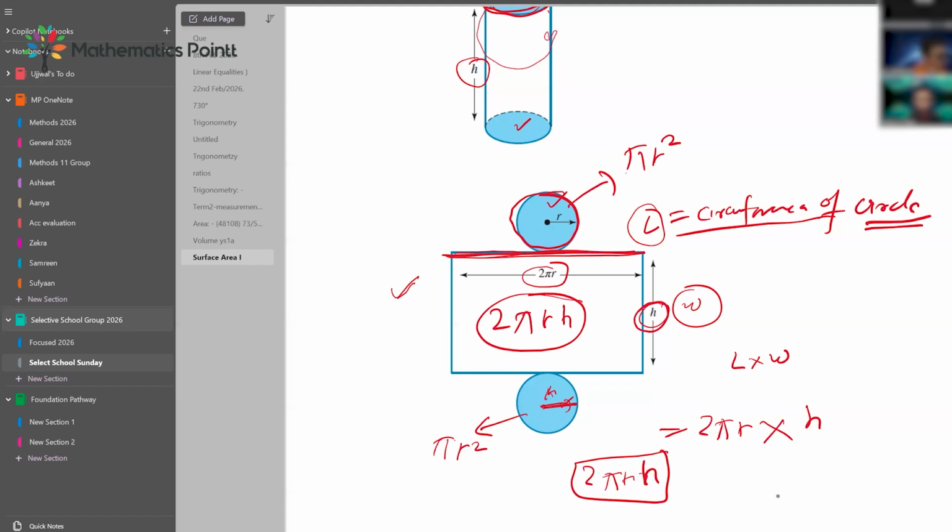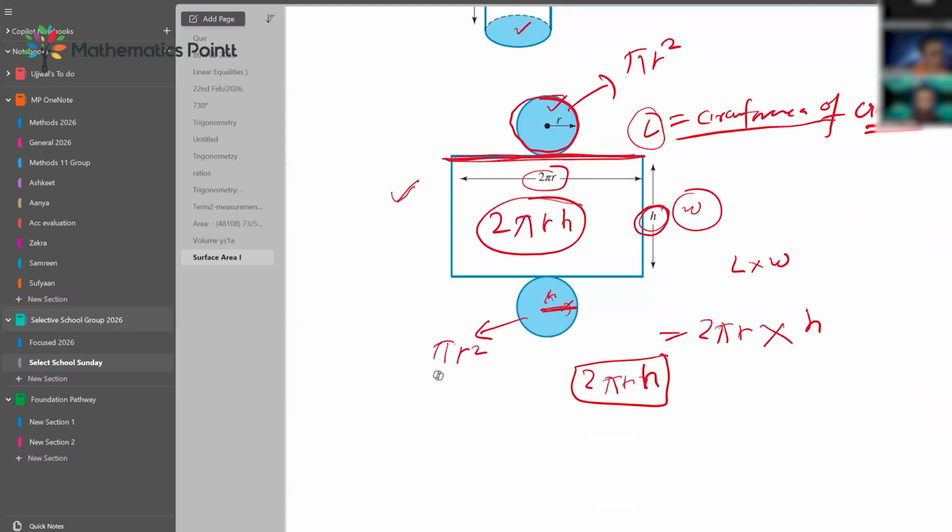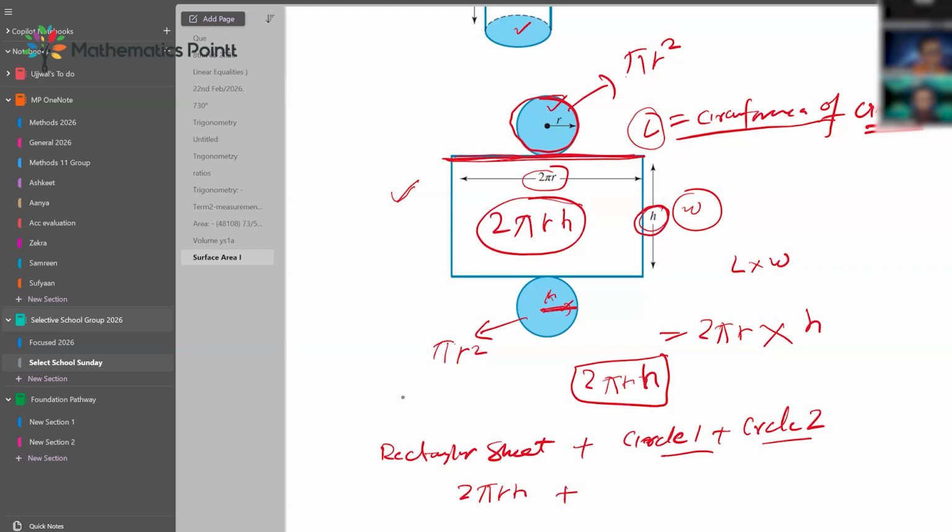So now I've got three things with me. The rectangular sheet, whose area is 2 pi r h, and circle 1, the top circle, and circle 2, the bottom circle. What is the area of a circle?